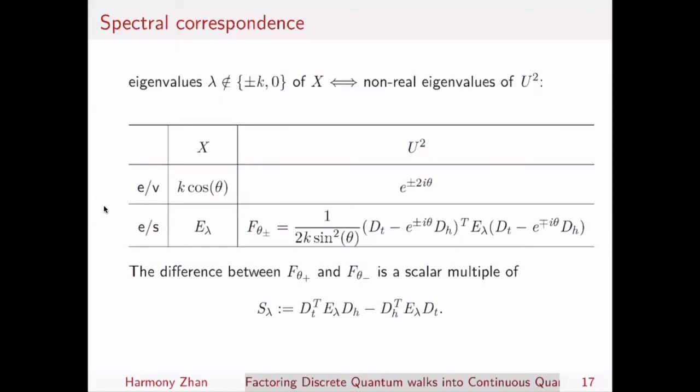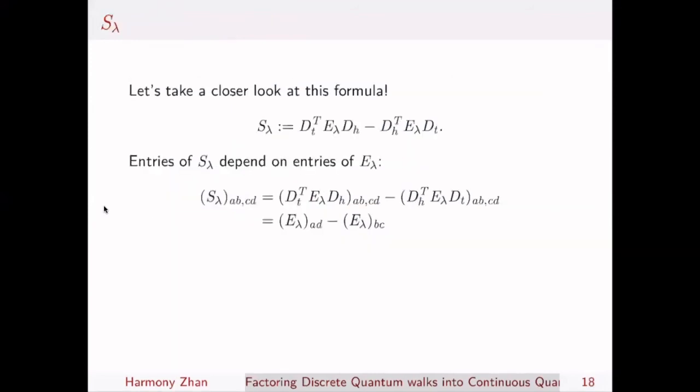Okay, so let's keep that formula and take a closer look. On the left-hand side, I have a huge matrix indexed by the arcs. But on the right-hand side, I have a smaller matrix indexed by the vertices. And this gets pre- and post-multiplied by 2 incidence matrices. So that means there are a lot of repeated entries in S lambda.